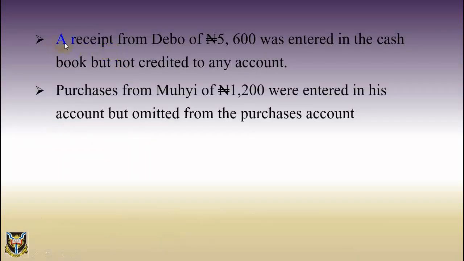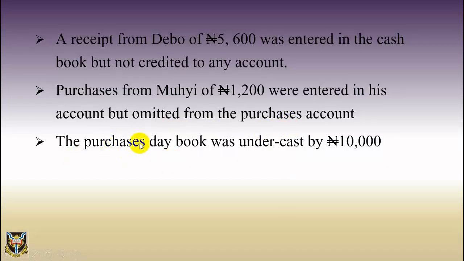A. A receipt from Debor of 5,600 naira was entered in the cash book but not credited to any account. B. Purchases from Muyi of 1,200 naira were entered in his account but omitted from the purchases account.